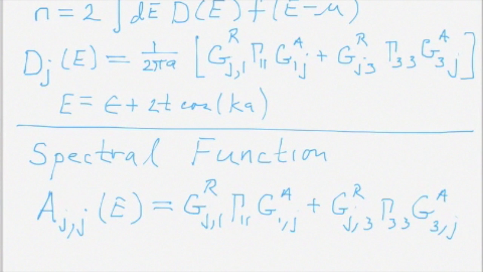So that's all it is. And it's simply related to the density of states by this factor of 2 pi over A. So A_JJ of E divided by 2 pi over A is exactly what we just said was the density of states.